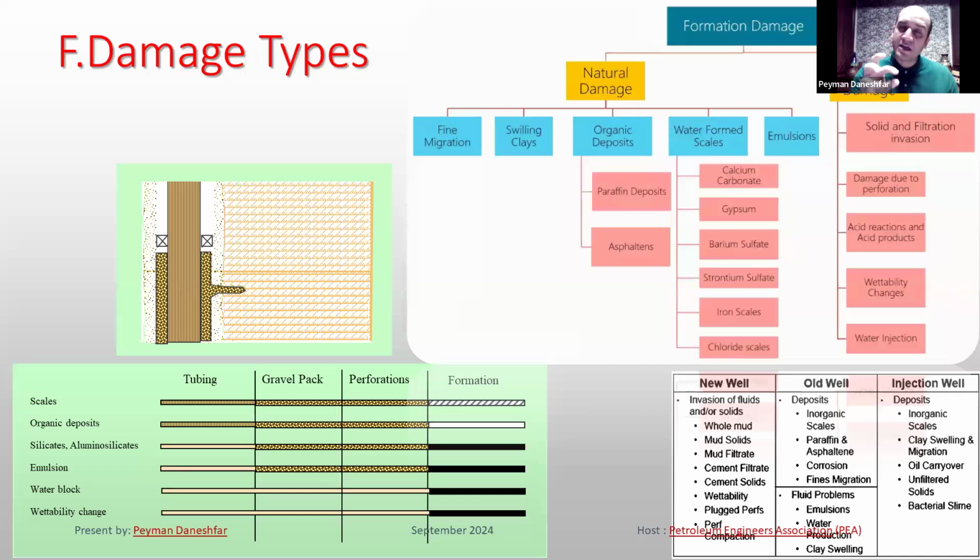This is a table that every stimulation engineer should know about, because these damages will occur in a new well, an old well, or an injection well, so you should at all times consider all the categories in this table. You should know all the sicknesses or illnesses of the well.